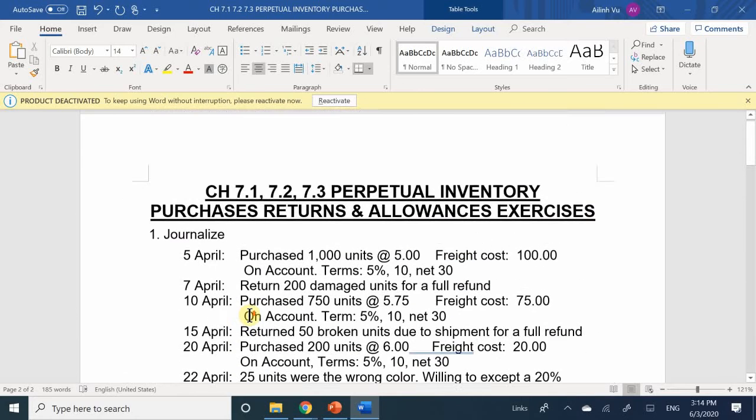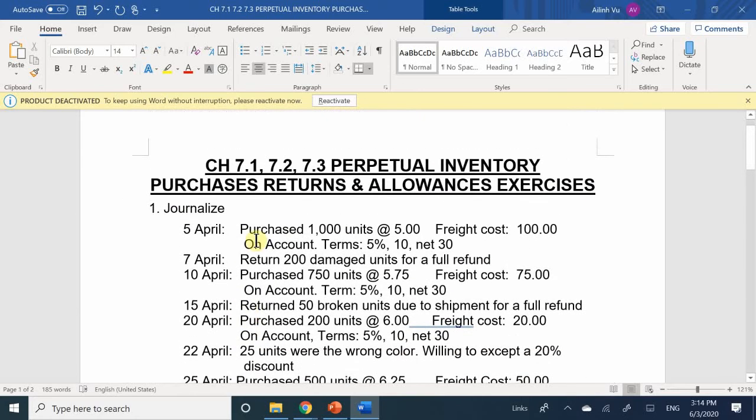Okay, so on the first transaction, we made a purchase on April 5th. What were the terms? 5/10, n/30. That's the discount period, and we missed the discount period. So we don't get to take another discount.